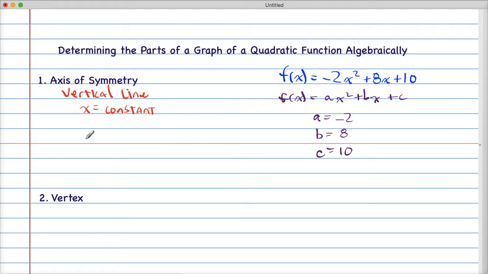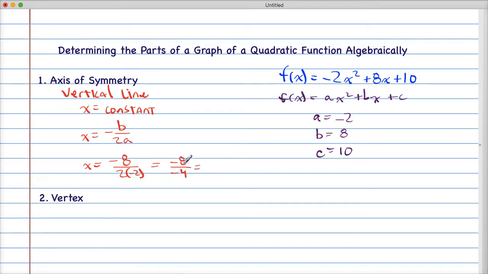In this case, for any parabola, the axis of symmetry is the equation x equals negative b over 2a. So if I know what b and a are, I plug it in here. So x equals, in this case, the opposite of 8, so negative 8 over 2a, so 2 times negative 2. So I get negative 8 over 2 times negative 2, which is negative 4.